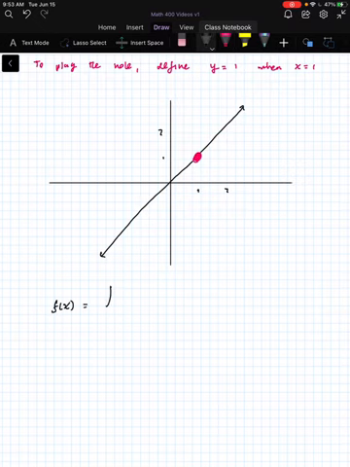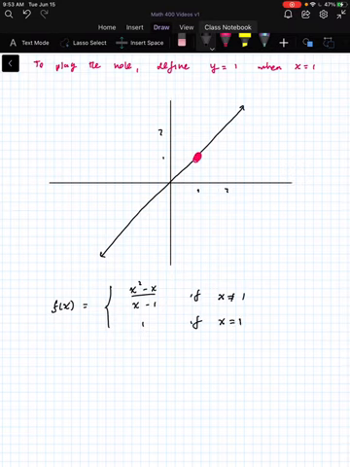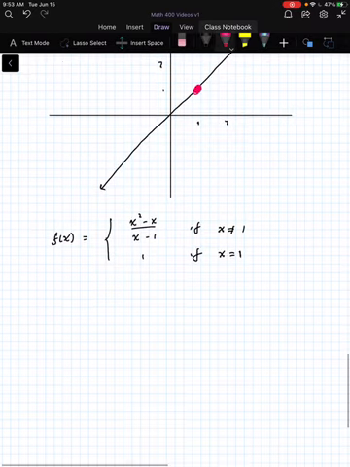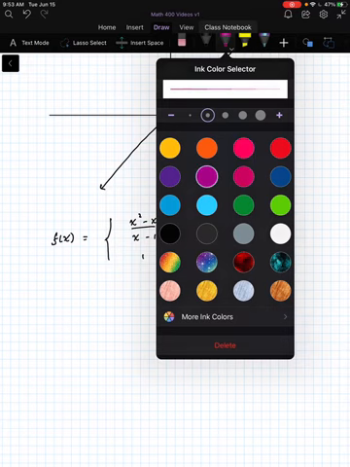And we define that as f of x equals the original function expression, which is x squared minus x over x minus 1, if x is not equal to 1. So the first line tracks exactly with what we had originally. And if x equals 1, we ignore that other part and we just define it equal to 1. So that plugs the hole. All right, so that's enough about that.